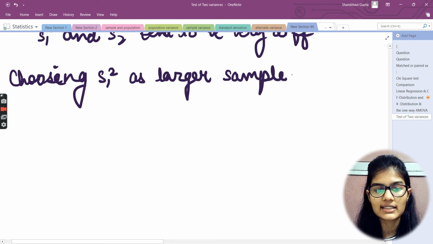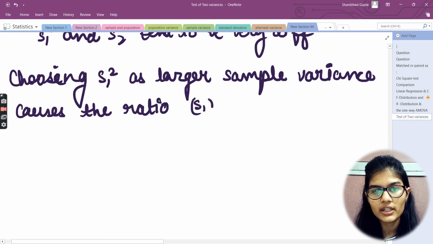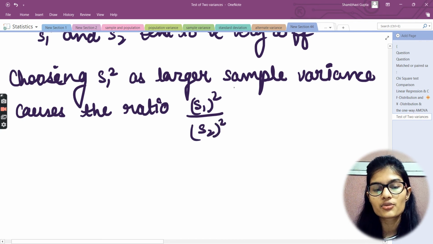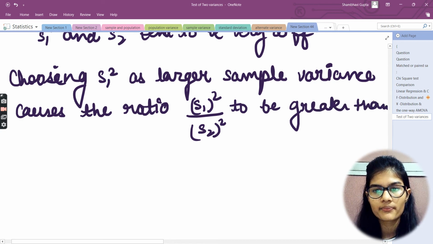Choosing S1 squared as the larger sample variance causes the ratio S1 squared divided by S2 squared to be greater than 1.